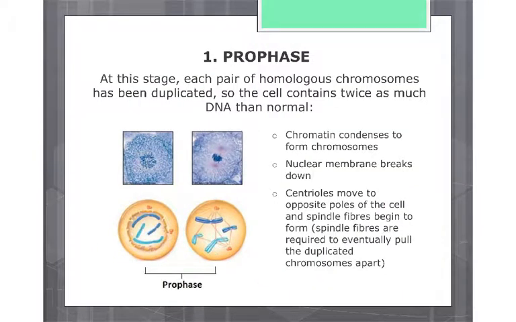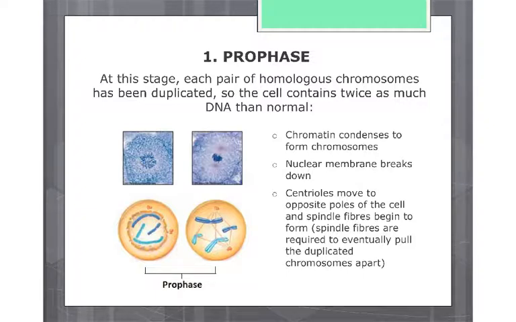Okay, so the first phase of mitosis, after we go through that phase of interphase, is prophase. Prophase is where each pair of homologous chromosomes have been duplicated, so their cell contains twice as much DNA than normal.